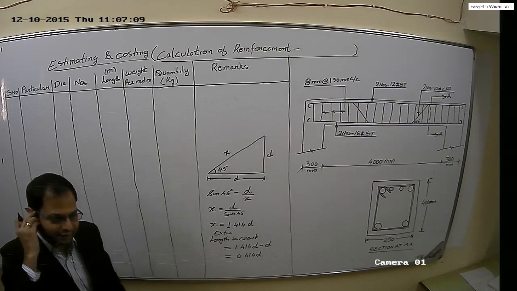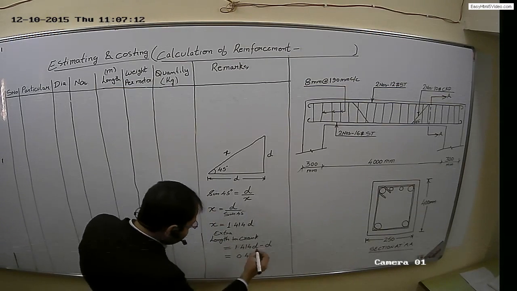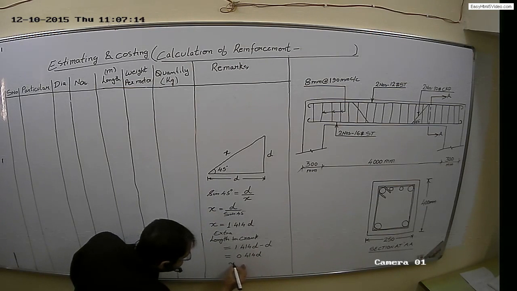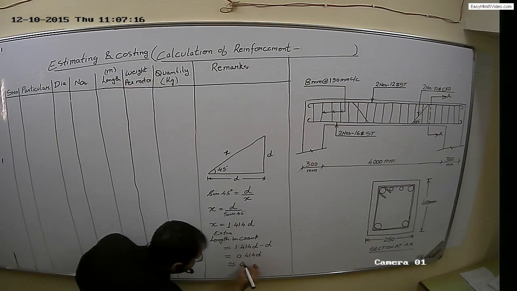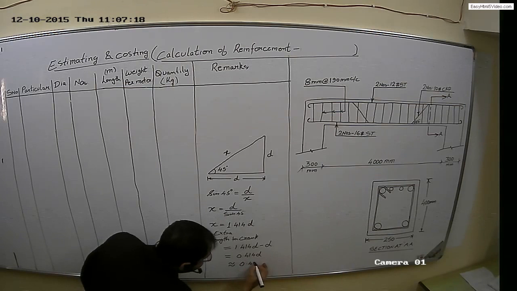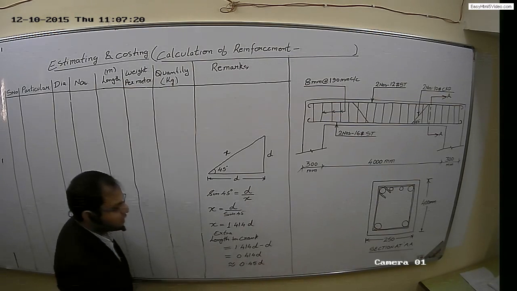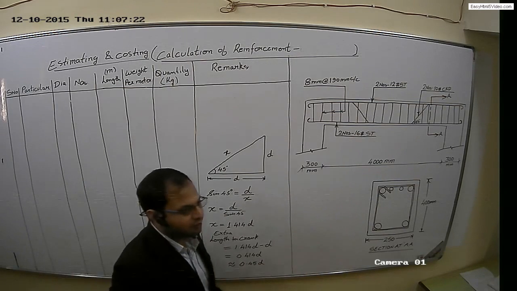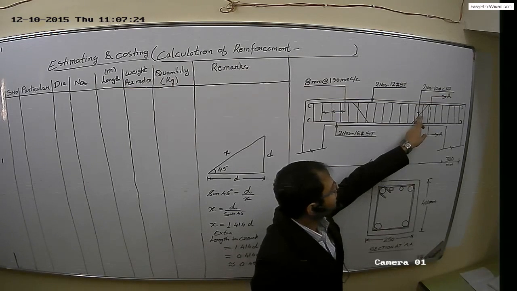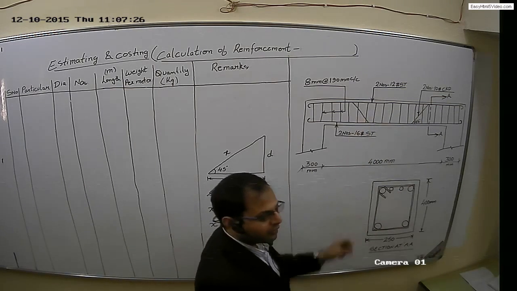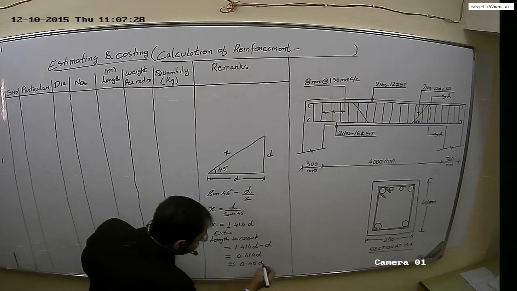On the higher side, we round off as 0.45D. So for two number crank, one for this crank and one for this crank, we'll multiply this figure by 2.